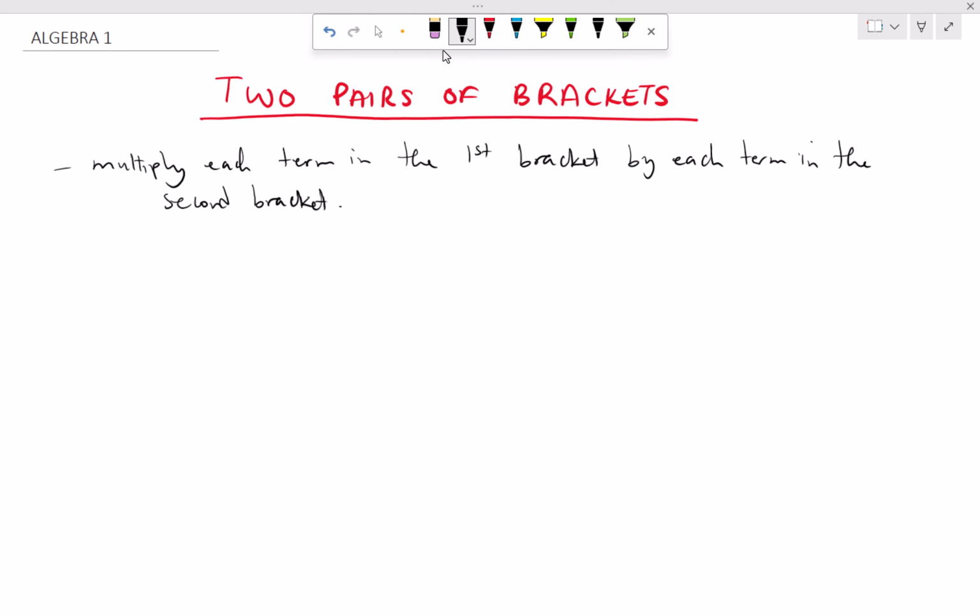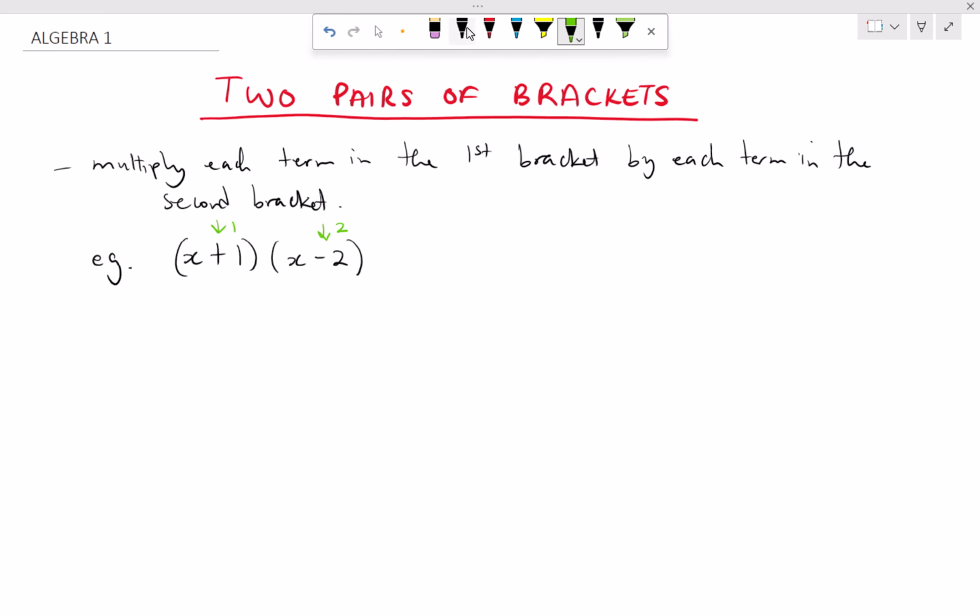What I mean by that is, for example, we have x plus 1 and x minus 2. Okay, so this is bracket number 1 and this is bracket number 2.